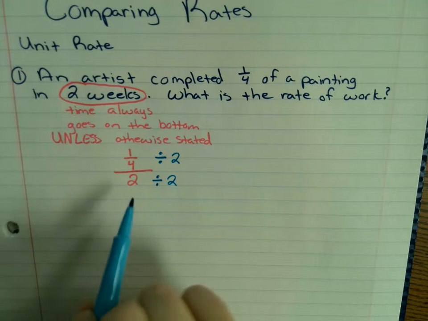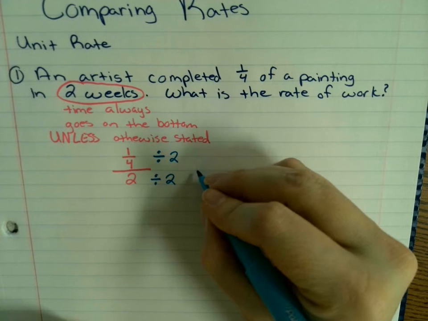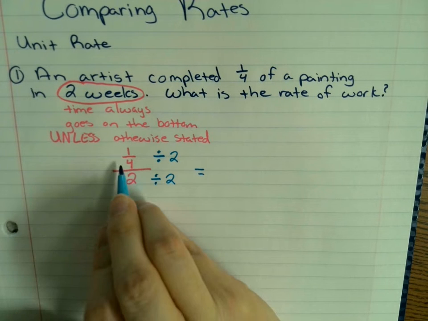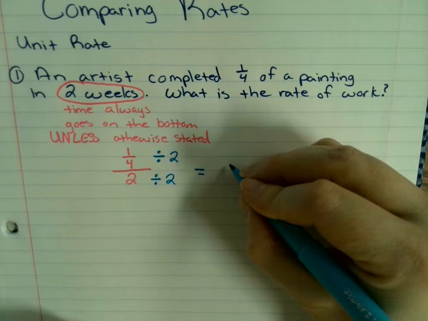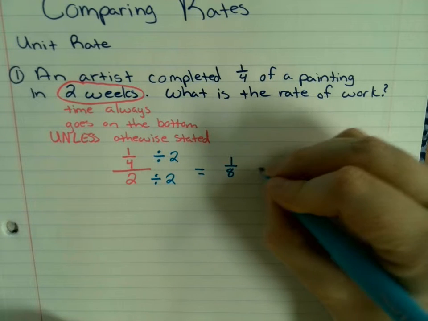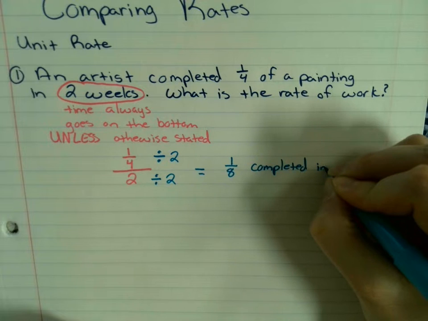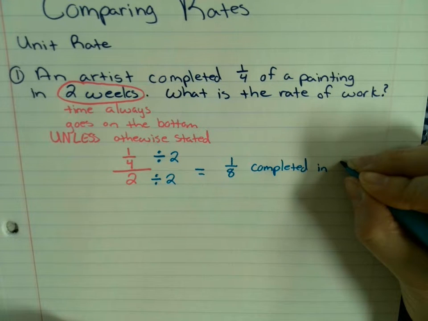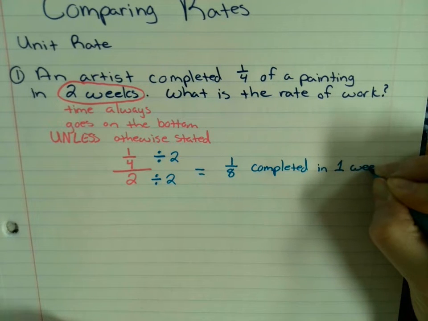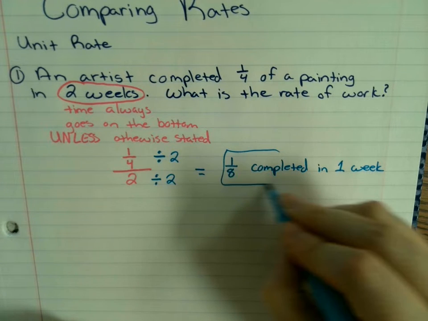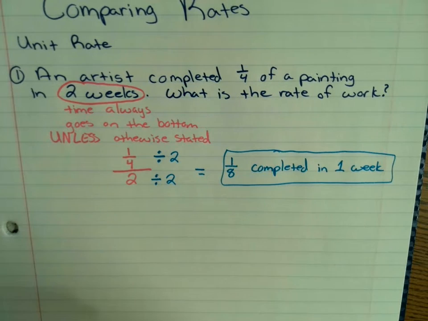It's still the same process. So 1/4 divided by 2 gives me 1/8. That means you've got 1/8 completed in 1 week. That's the rate that she's working at. Let's try another one.